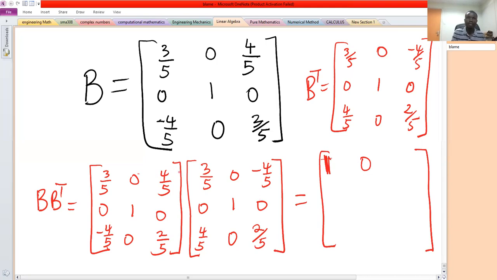And then this will be 3, not 2. It's 3. So 4 over 5 times 3 over 5 gives us 12 over 25, and then plus minus 12 over 25 is 0. 0 times this 0 is 0, and then 0.